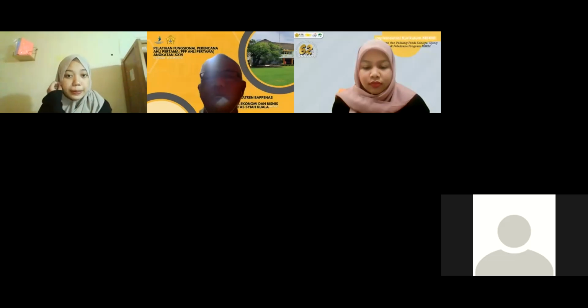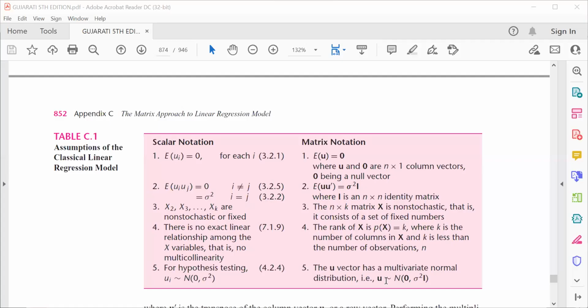And number 5: the residuals are normally distributed with zero mean and constant variance. Usually in midterm tests, we have questions about the matrix notation of classical linear regression assumptions.